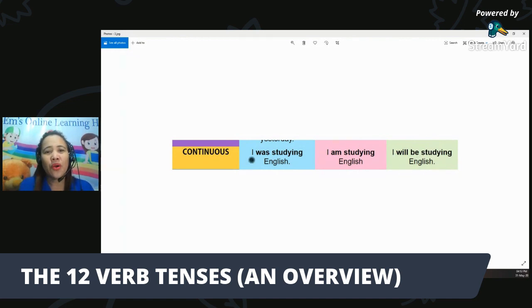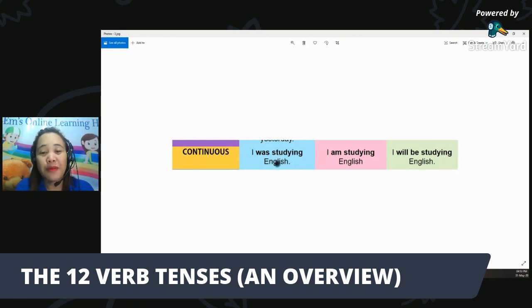In the past continuous, this is to indicate uncompleted action of the past, with or without time reference. Again, this is to indicate uncompleted action of the past.